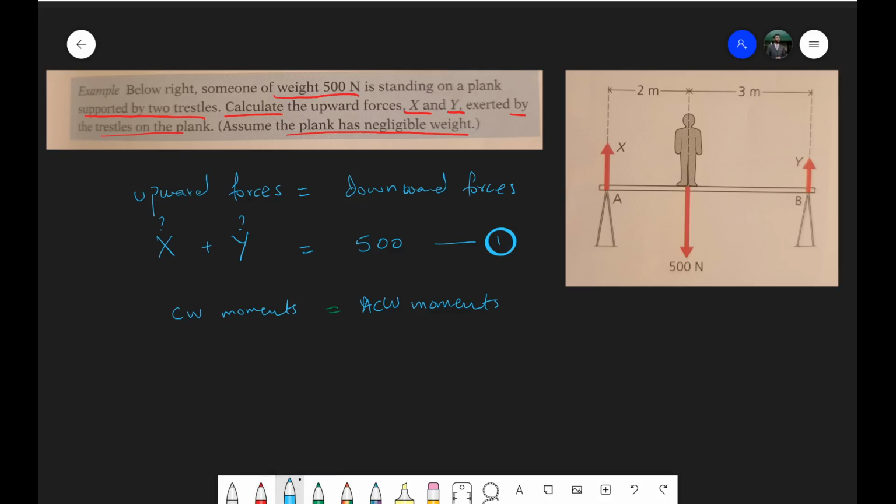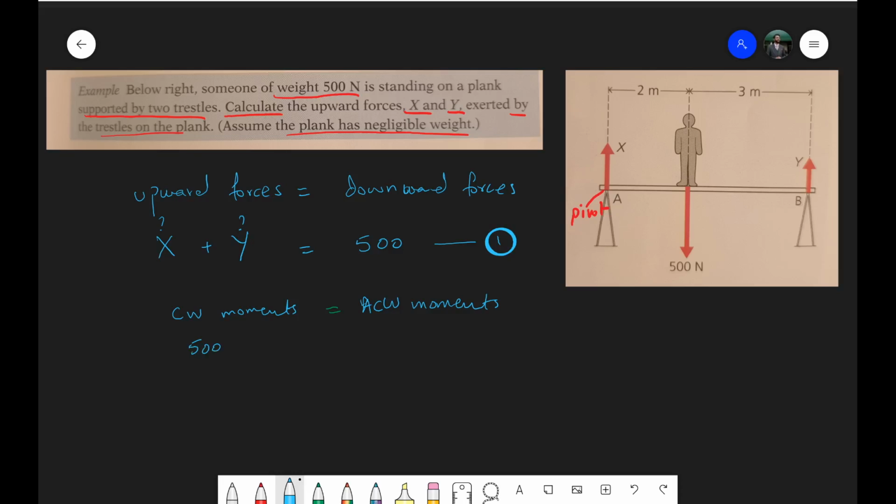Let's first take point A as the pivot. So let's take point A as our pivot, and now take the moments about this point and then make an equation. So you can see about point A there is a 500 Newton force which is 2 meters from it, and that applies a clockwise moment.